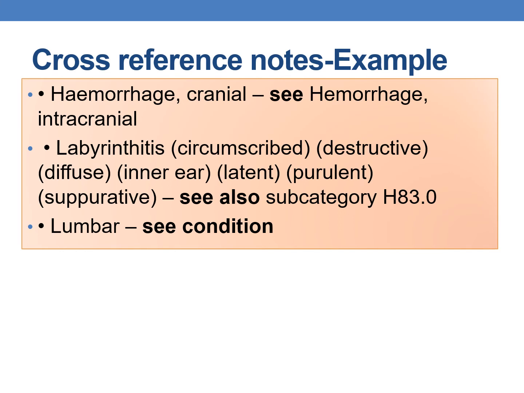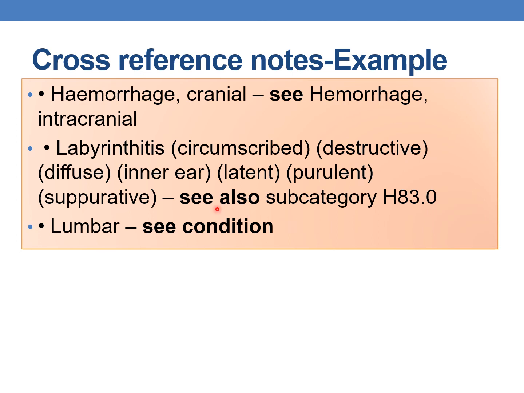Examples. Let us see some examples. If you search for hemorrhage, cranial, you can see "see hemorrhage, intracranial." That means you have to go for the intracranial section in the hemorrhage. Similarly, labyrinthitis. You can see "see also subcategory H83.0."